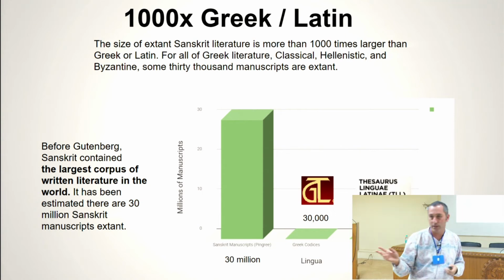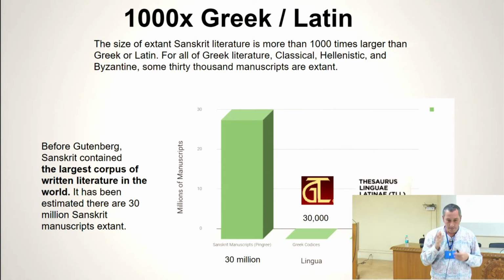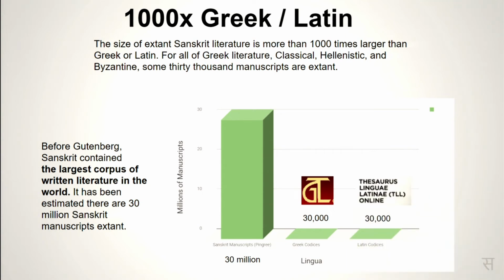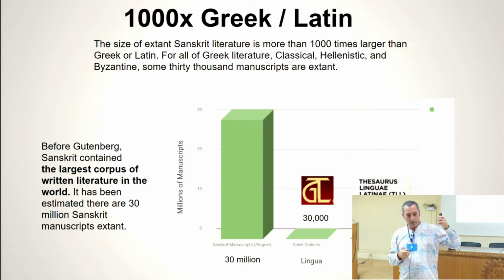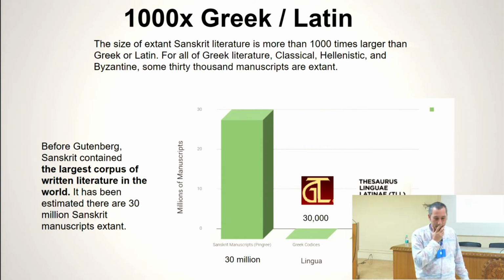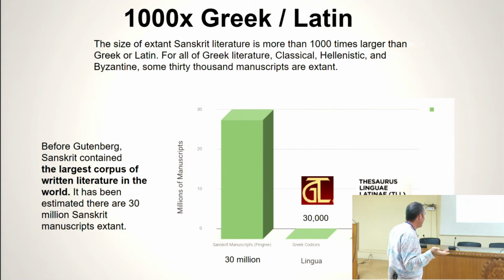Okay, so how much literature is there? Well, Sheldon Pollock's estimate was 30 million manuscripts. That's a huge number, and it's his reference, not mine. Otherwise, it would sound like way too much. It's in the language of the gods, if anyone wants to see it. What's happened is Latin and Greek have had it done.